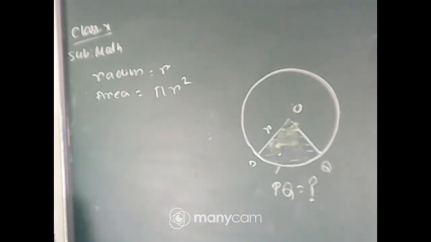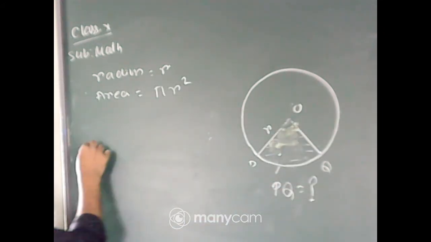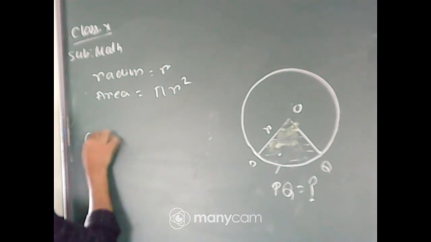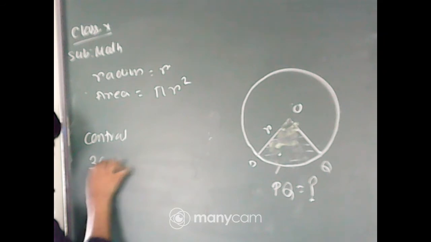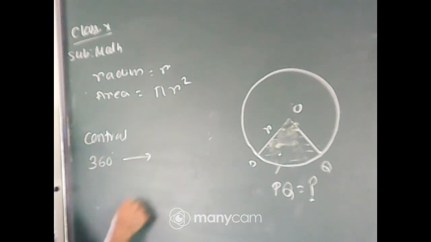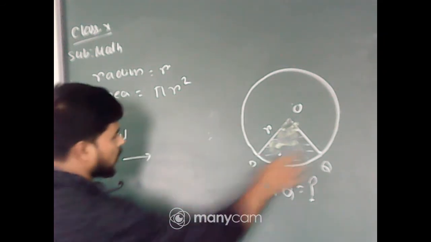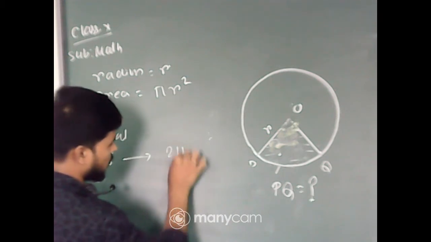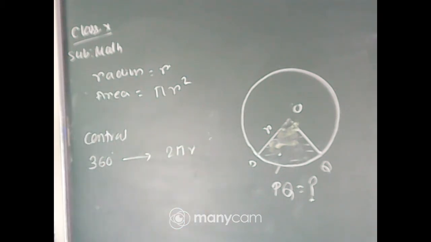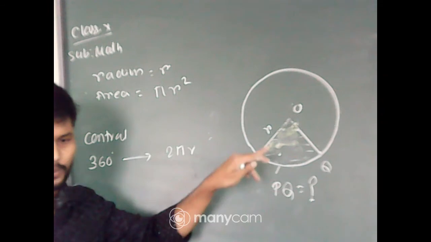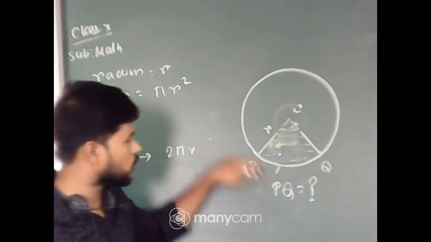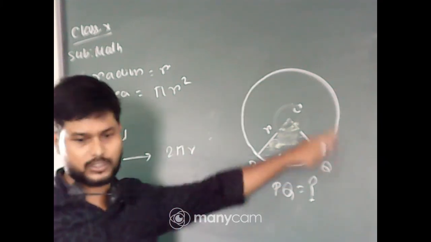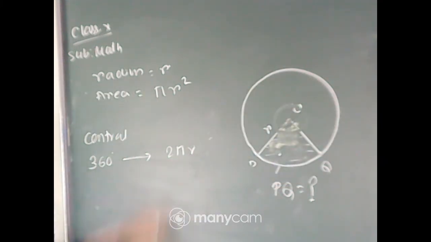Boundary means its circumference. So if the central angle is 360 degree, it will cover the total curve, 2 pi r, the total circumference.